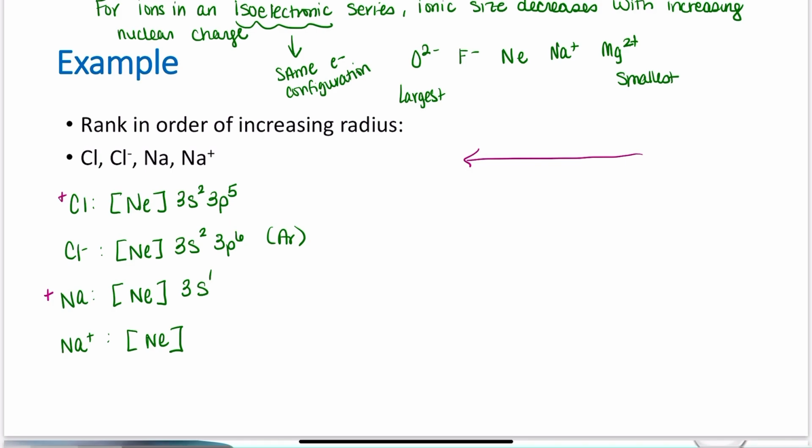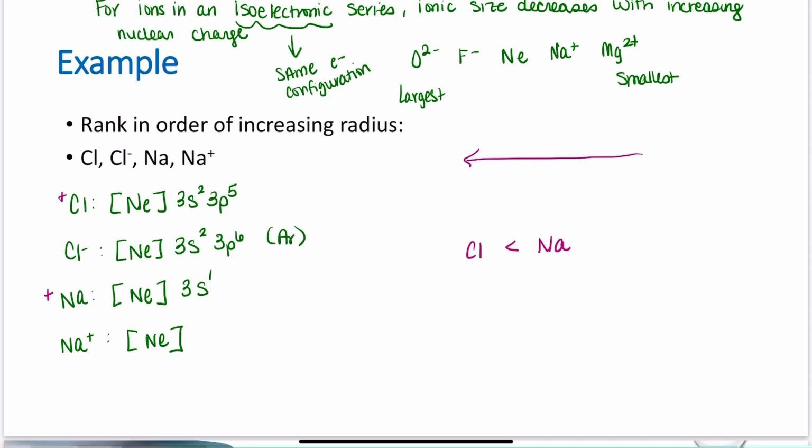But since they're in the same exact energy shell, what that means is that the chlorine, 17 protons, 17 electrons, is going to pull tighter than the sodium, which is 11 protons, 11 electrons. So I know chlorine will be smaller than sodium. Now I got to think about the other things here, though. Sodium ion and a chloride ion.